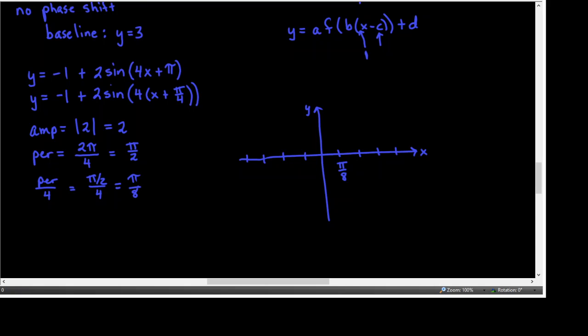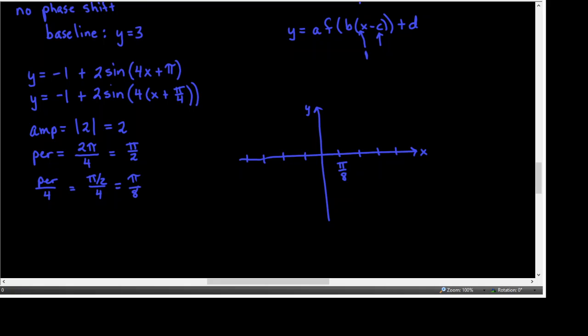Normally, if the marks were pi over 2, I would have only made a mark by the fourth one here, 4 pi over 8, the furthest one on the x-axis to the right that I've drawn. That would be the first mark, and I'd have to be worried about making changes every quarter of that mark. And that's why I like to do the period divided by 4 and intentionally distort the graph. And I'm perfectly okay with that because it makes it easy to graph. And it is accurate, so that's good.